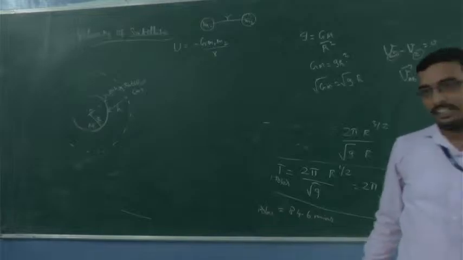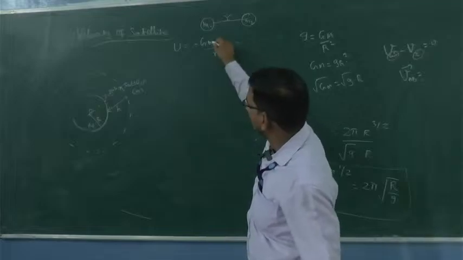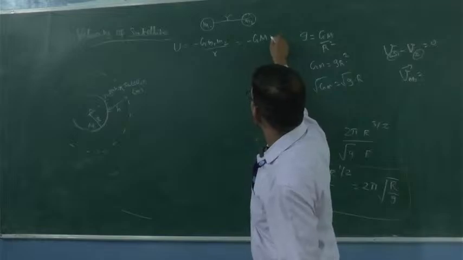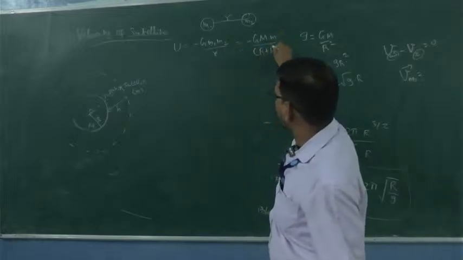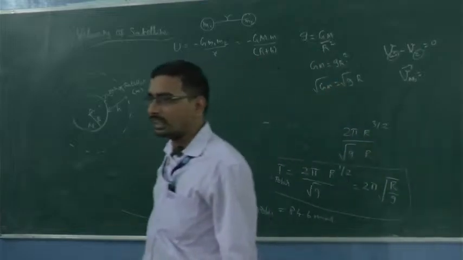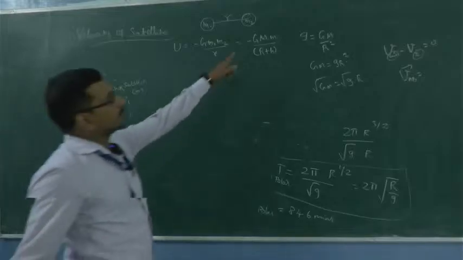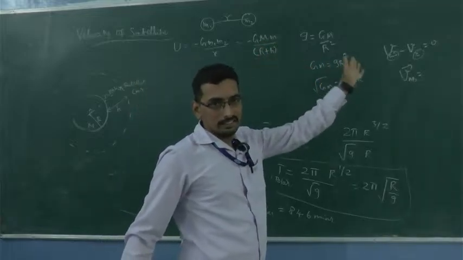Force formula is G M1 M2 by R square. In this situation, what is M1, what is M2? Mass of the planet, mass of satellite. Small r can be replaced by r plus h. Let us retain small r, no issue. The first expression gives potential energy. Further, we can replace the Gm value with gR square.